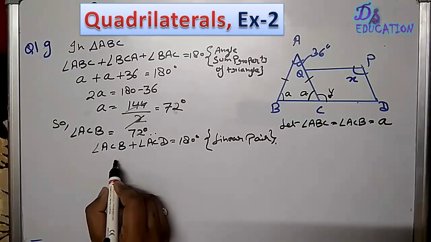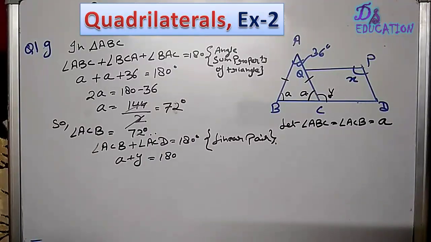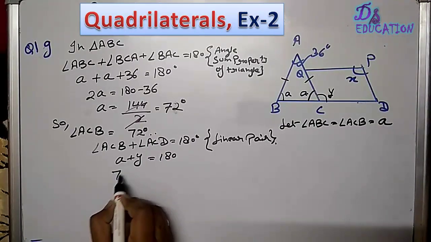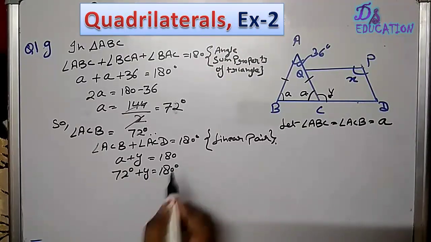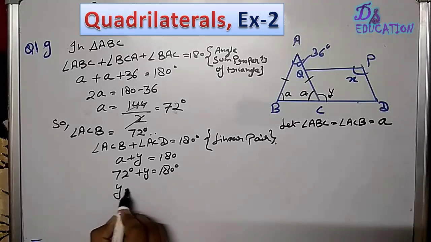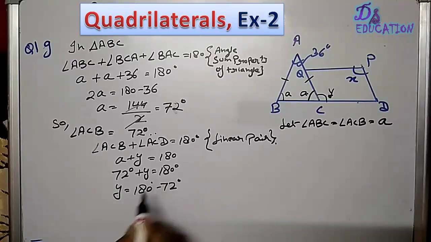So it will become A plus Y is equal to 180 degree. Now A we have already calculated, that is 72 degree plus Y is equal to 180 degree. So Y will be equal to 180 degree minus 72 degree.